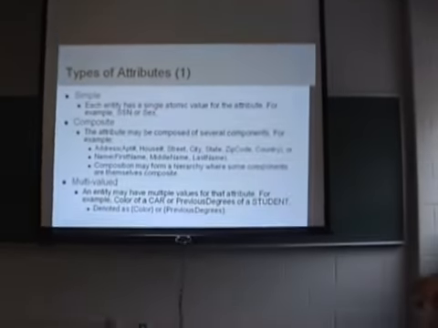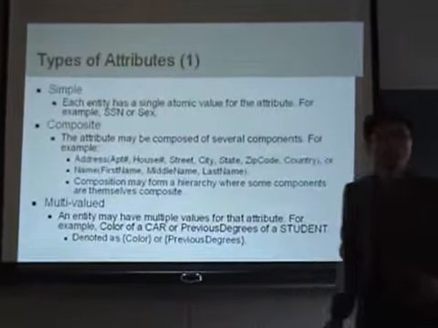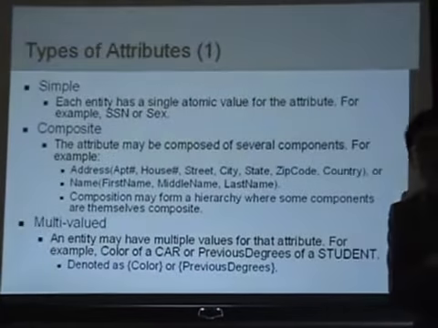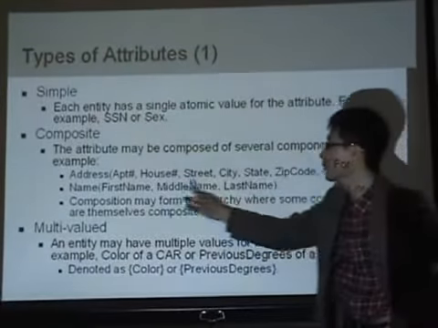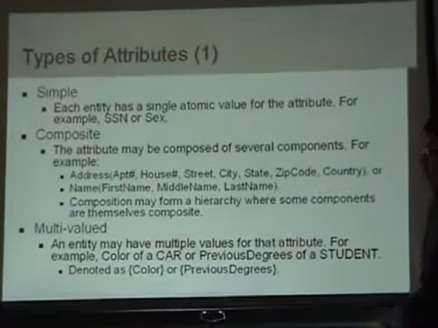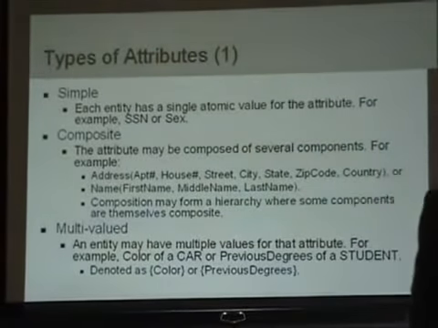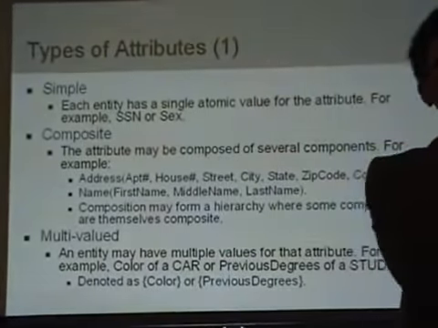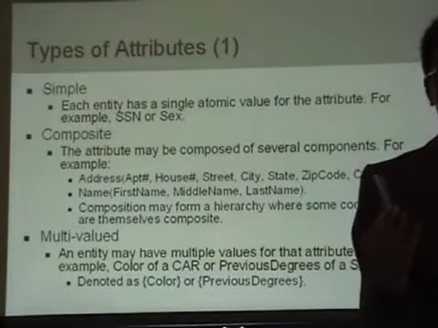Okay, so there are three types of attributes when you decide. Simple is the regular one. However, if you believe they should be divided into several components like the address or name, you can use the composite attribute. The last one is multi-value, like previous degree. For me, my previous degrees are three: bachelor degree, master degree, and PhD degree. So we need to separate.